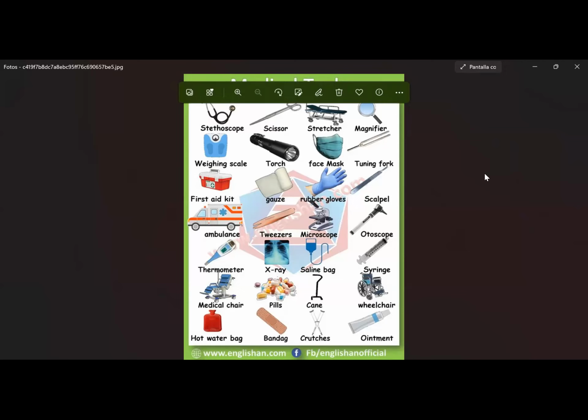So this is a chart with more medical tools. We have 28 tools that are usually used in medicine. Maybe in human or animal medicine, it's kind of similar, right?